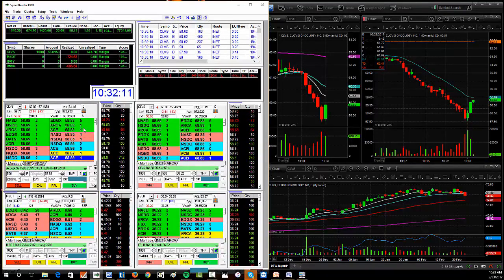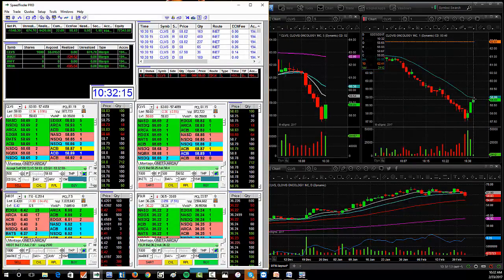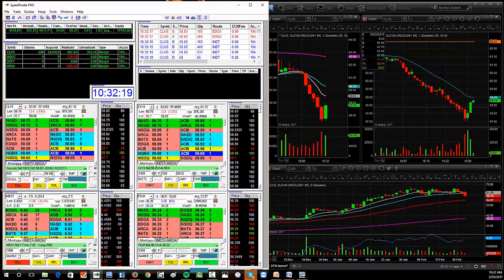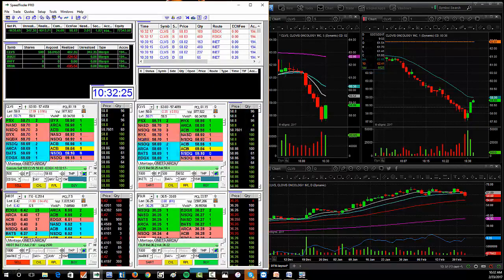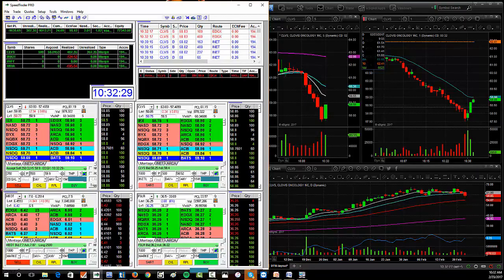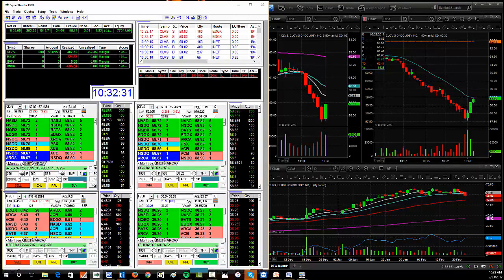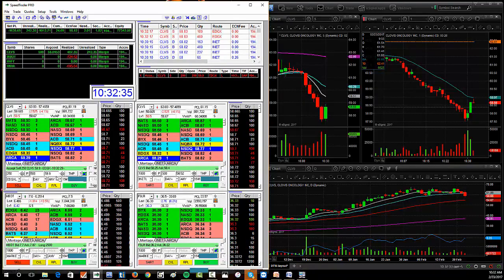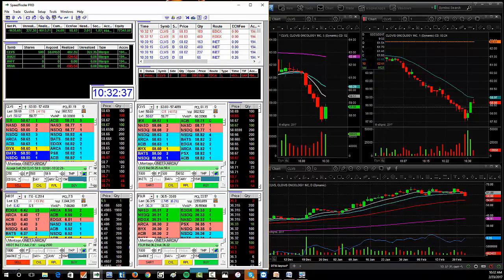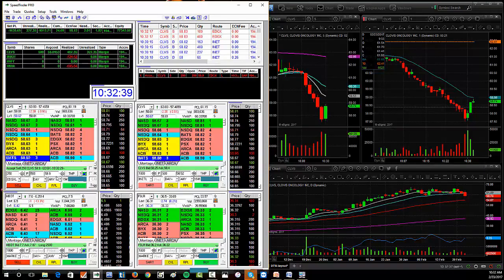Put it at 83. So there's the first candle to make a new high. We're right up almost to the 20 moving average, which is 99. You can see how we tapped that 20 moving average.